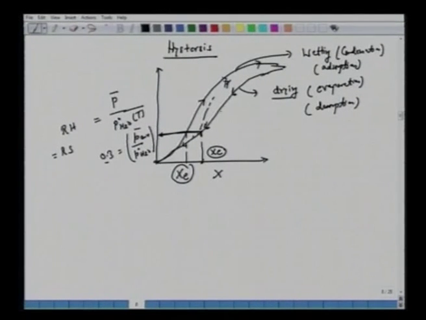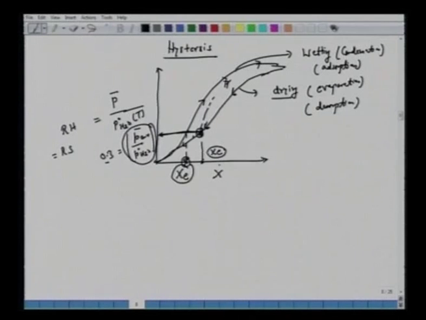So for drying there is one equilibrium concentration, and for wetting there is a different one. A solid which has been dried to this level, when exposed to the same quality of air during wetting, will exhibit a different amount of moisture content. Or a solid which has been wetted with one quality of air, when you now want to dry it, will have different equilibrium concentrations. So this also has some practical applications.